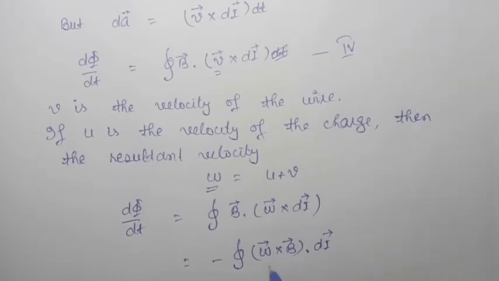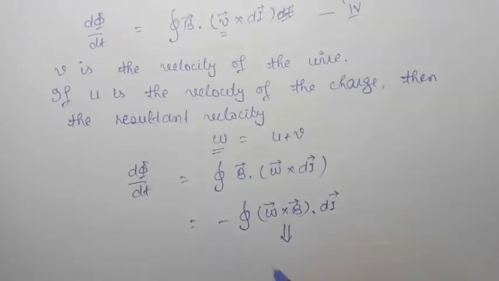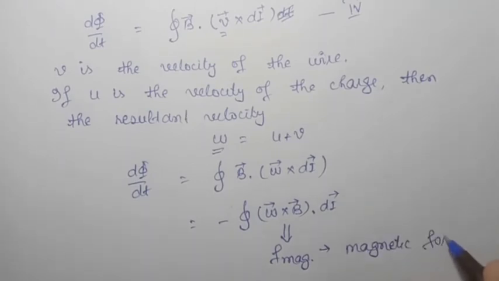Actually this factor, W cross B, is nothing but the magnetic force per unit charge.